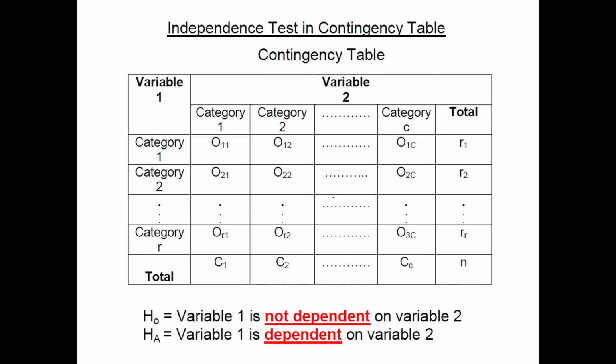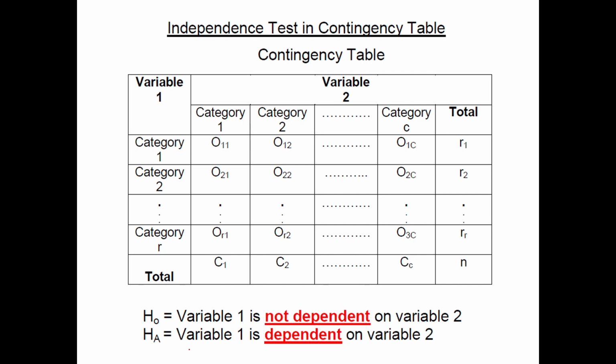For the chi-square independence test, your null hypothesis and your alternative hypothesis will sound something like this. The null hypothesis will always claim that there is no dependency between the two variables. So variable 1 is not dependent on variable 2.